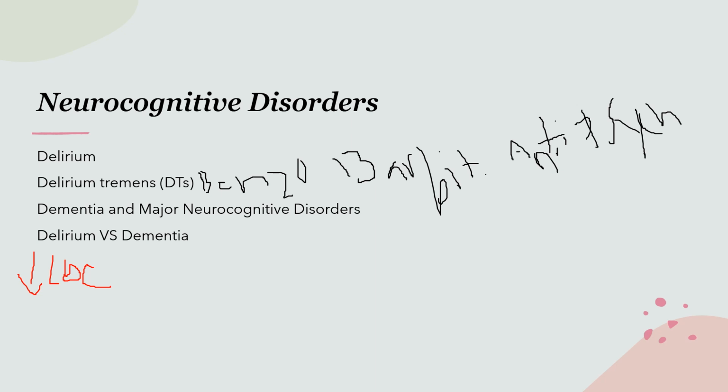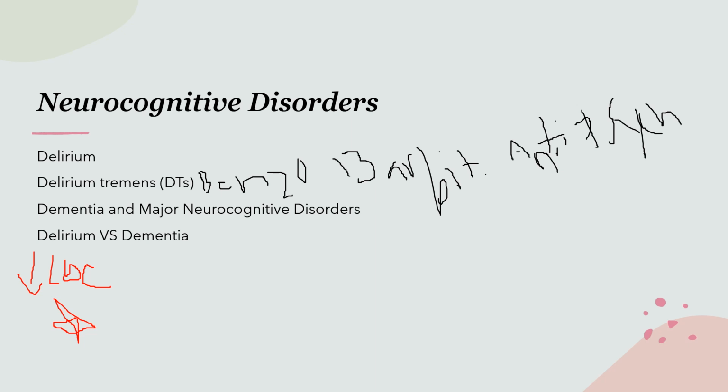This is one of your major assessments when determining delirium versus dementia. Okay. With activity levels, with delirium you're going to have things like restlessness, sundowning, sleep disturbances, whereas in dementia you just may have sundowning.